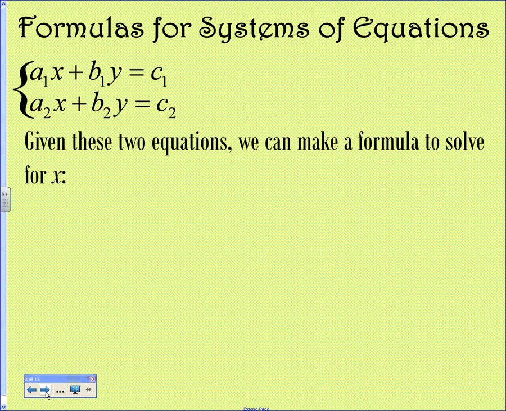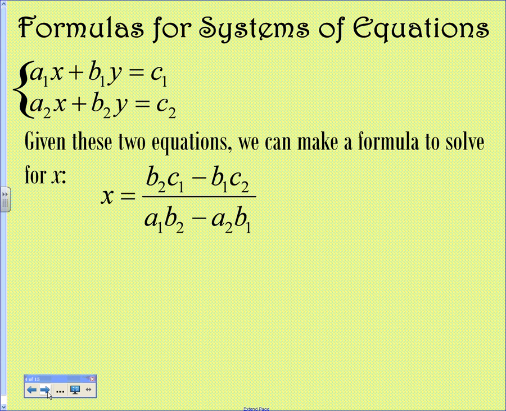So given these two equations, we can make a formula to solve for x. That's what we did in lesson 62. If you go through all the work, you end up with x equals some random combination of variables with subscripts, and you'll end up with y equals some big random combination of variables with subscripts.